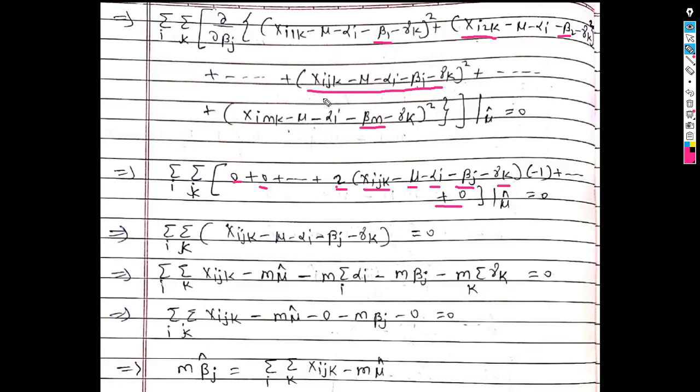So its derivative with respect to beta j is 0, and this is under the value of mu hat equated to 0.